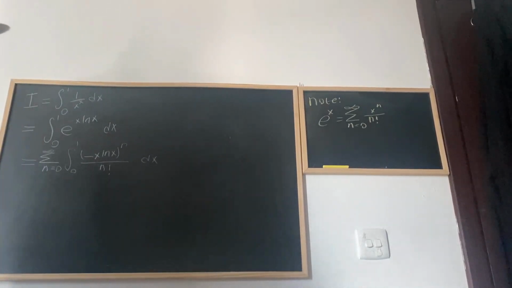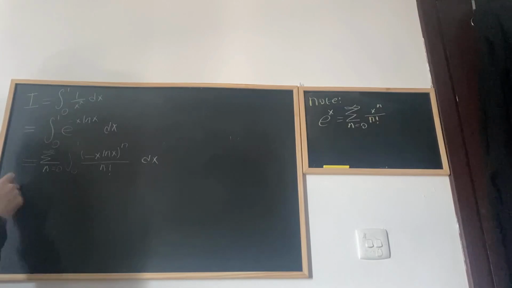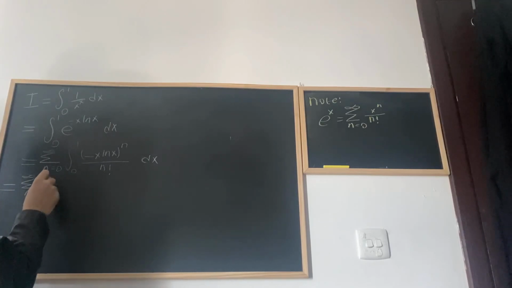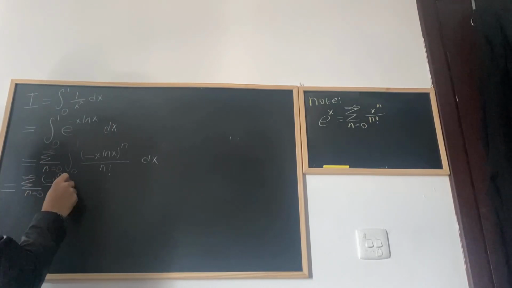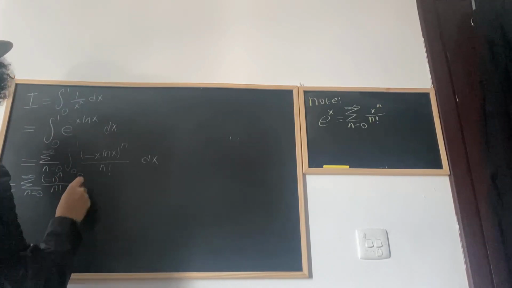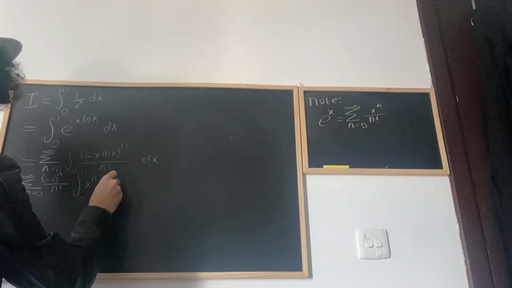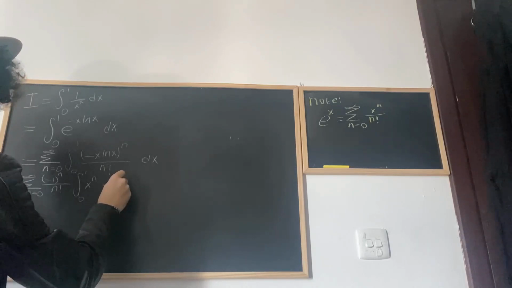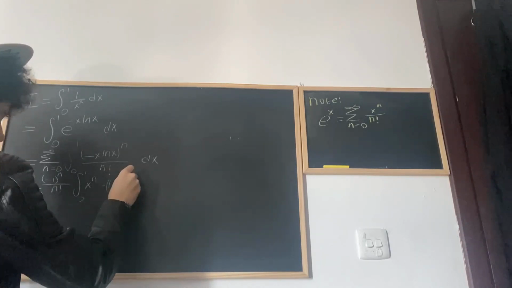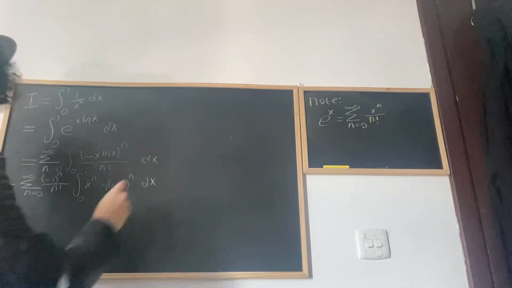I'll write a new line here, which is equal to the sum from n equals 0 to infinity of negative 1 all to the power of n over n factorial times the integral from 0 to 1 of x to the power of n multiplied by ln x all to the power of n dx.